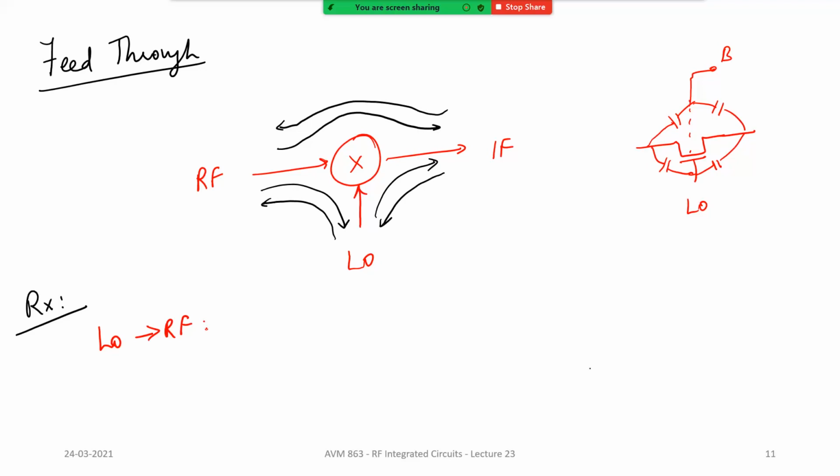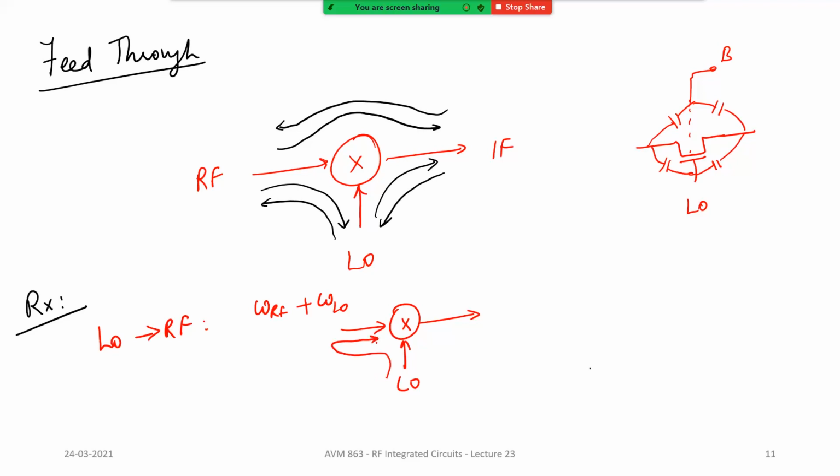Because of the leakage, at the input of the mixer, you'll have omega RF and omega LO, and this composite signal is going to get down converted. You understood? If there is LO to RF leakage, the signal goes like this and then back here.